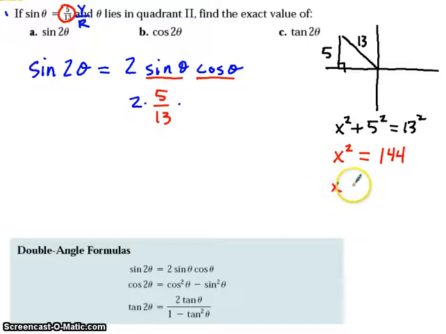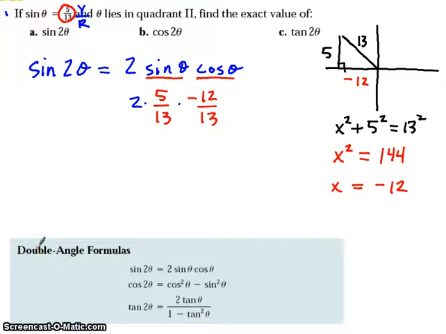And when we take the square root of both sides, we end up with a negative 12. It's actually plus and minus, but because we're in the second quadrant, we're negative. And so that tells us what the cosine of theta is equal to. We know that cosine of theta is equal to negative 12 over 13.